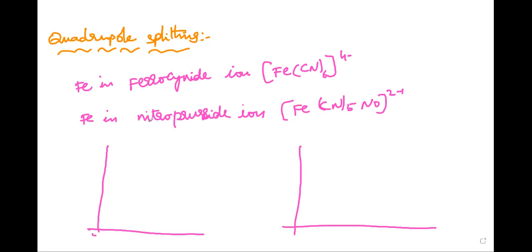This nitroprusside ion has an asymmetrical environment because of the replacement of one CN by NO. This is shown in this diagram. It should however be noted that quadrupole splitting is not always an unfailing indication of symmetry because of the internal crystal electric field.